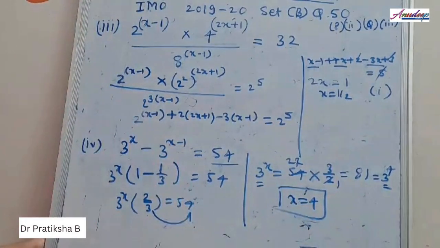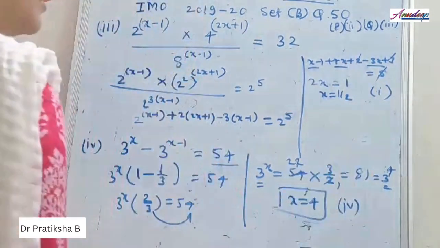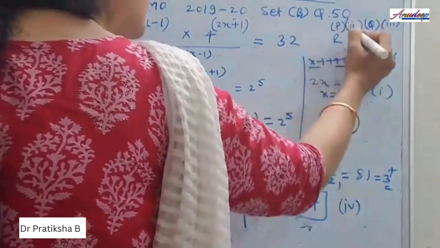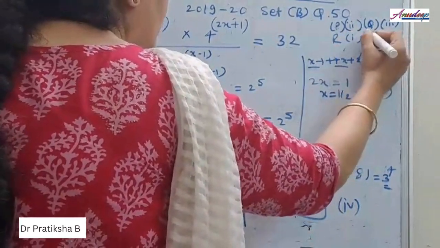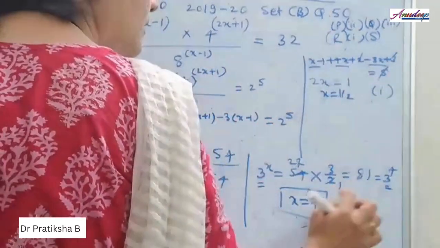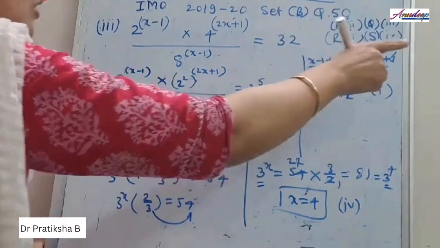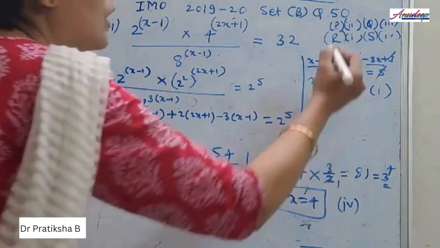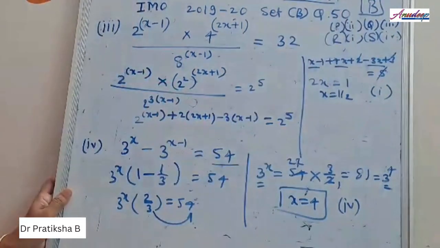And from the column, the answer for that sub question is 4. So for R, the answer that matches is 1, and for S, the answer that matches is 4. And from all these options in the MCQ, the MCQ answer is B. So B is the answer for this question.